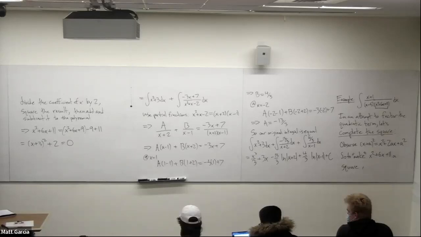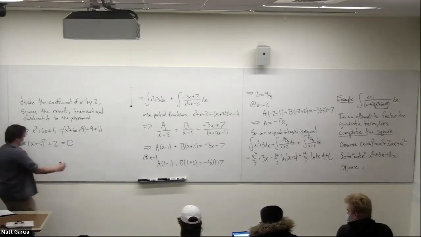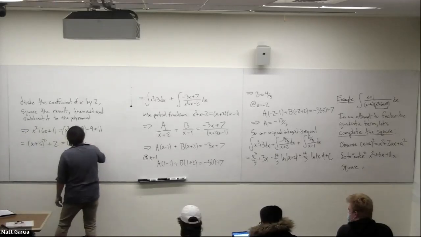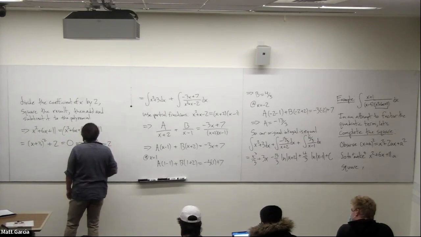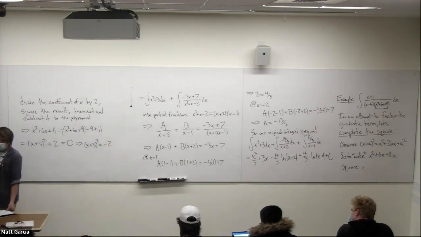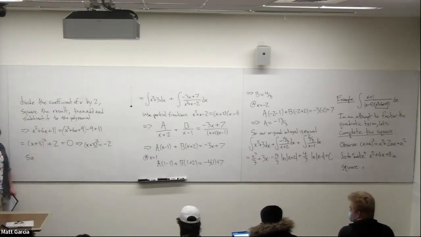The fact that this implies that we have a square number equal to a negative number means that this has no real roots.